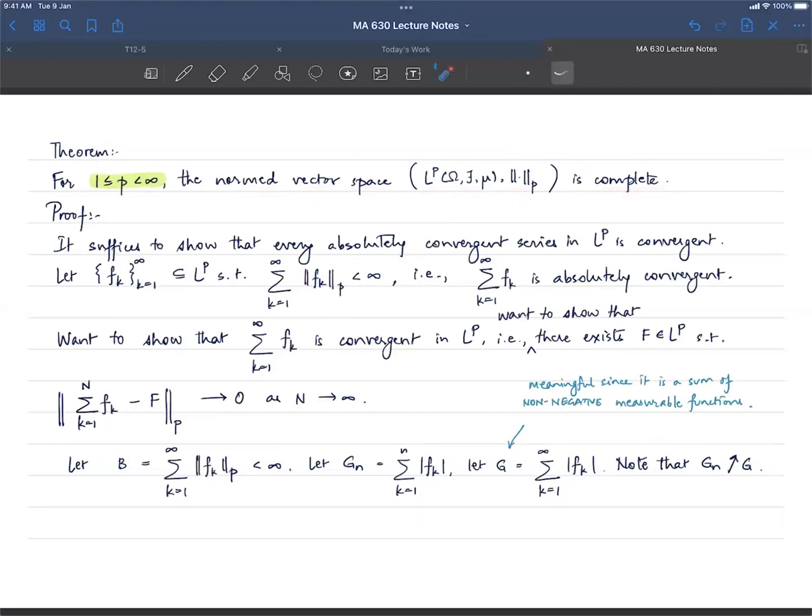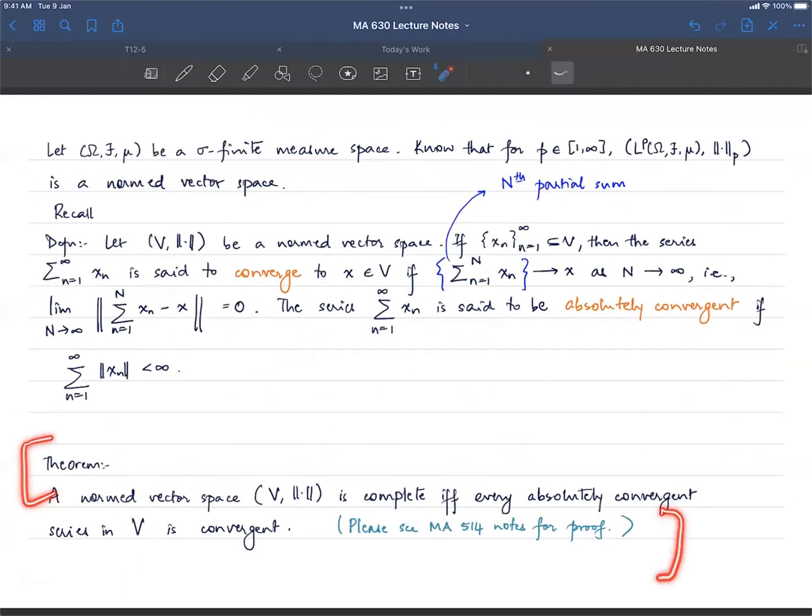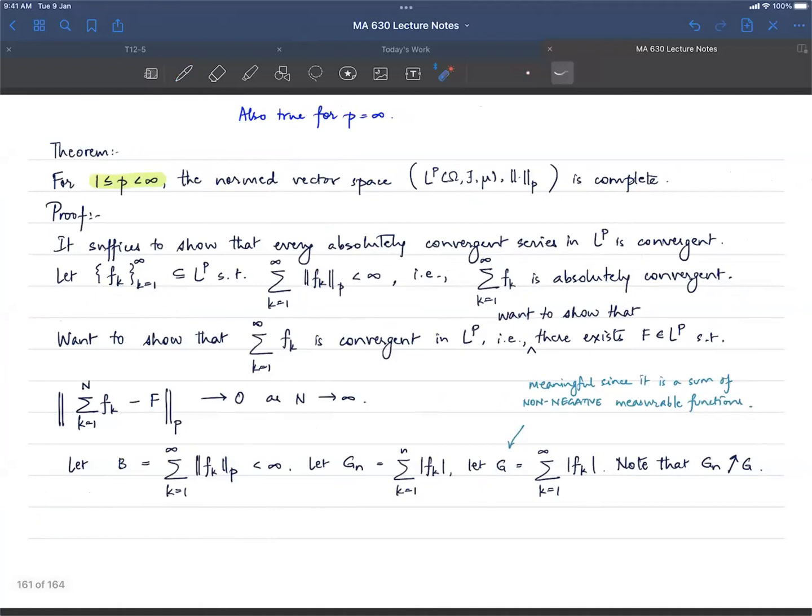It also is true for P equals infinity, but I'm not going to go over the proof of that. All right, so if you believe this result, then it suffices to show that every absolutely convergent series in LP is convergent. Are you guys with me?